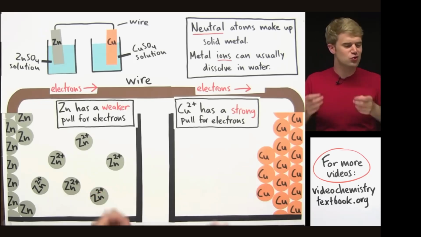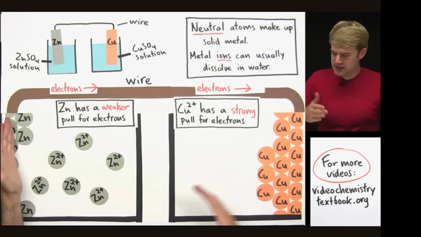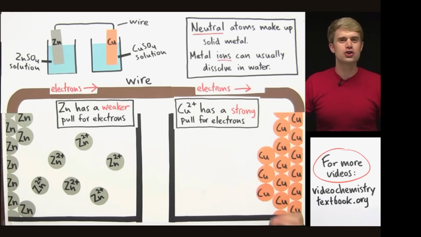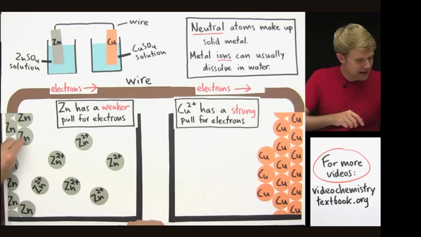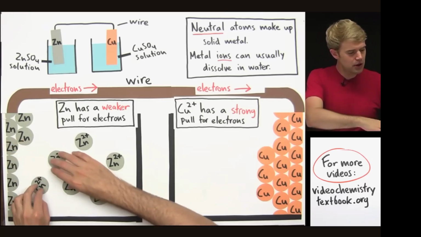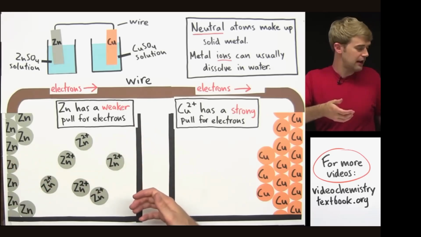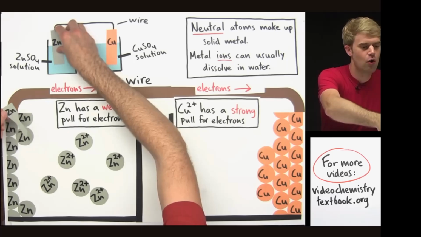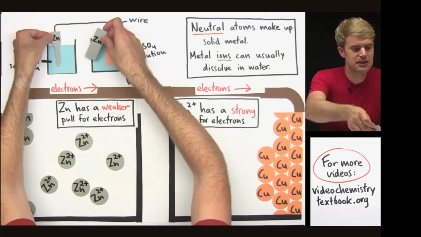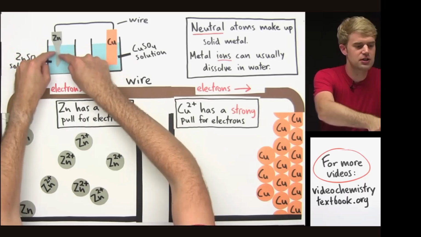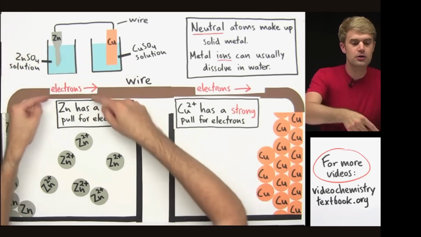And if this happens long enough, we actually see these 2 pieces of metal change. These zinc atoms keep coming off of this piece of zinc, so it's essentially dissolving. Over time, this piece of zinc starts to dissolve. It gets smaller and smaller.